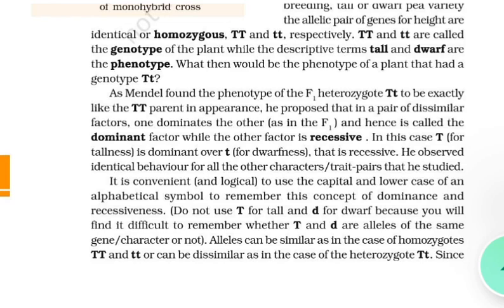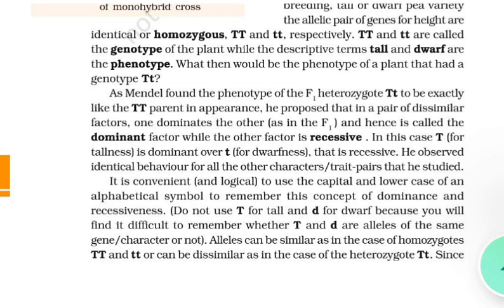Next is, as Mendel found the phenotype of the F1 heterozygote, that is capital T small t, to be exactly like the capital T parent in appearance, he proposed that in a pair of dissimilar factors, one dominates the other, as in the F1, and hence is called the dominant factor, while the other factor is recessive.